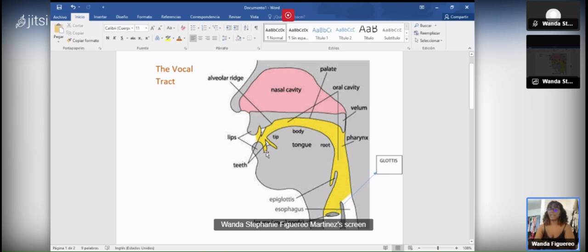Also, we have the lips and the teeth, and the tongue, which has three different parts: the tip, which gets in contact with the alveolar ridge for different sounds, the blade, which gets in contact with the hard palate, and the root of the tongue, which gets in contact with the velum. All this part here is part of the pharynx. And also we have the nasal cavity and all the other cavities.